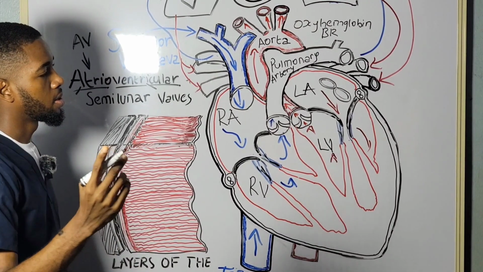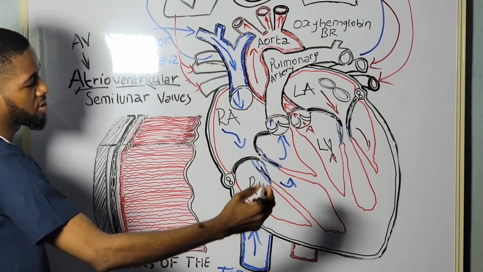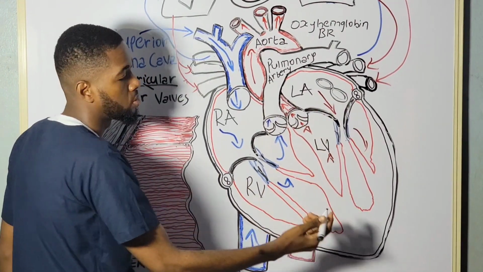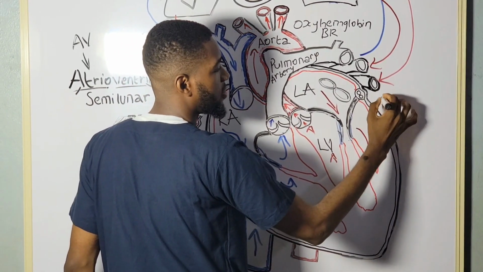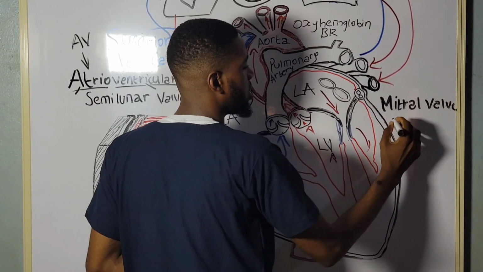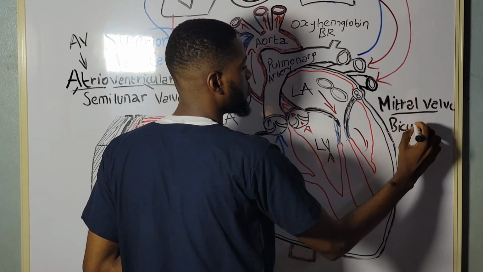The AV valves are further divided into 2. The first, between the left atrium and the left ventricle, is what we call the mitral valve. Another name we can call it is the bicuspid valve.